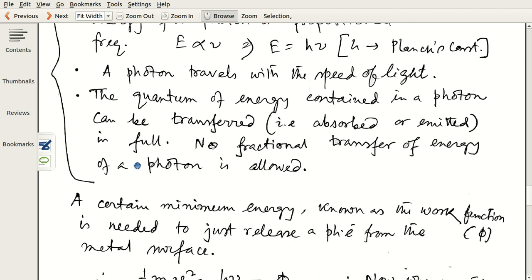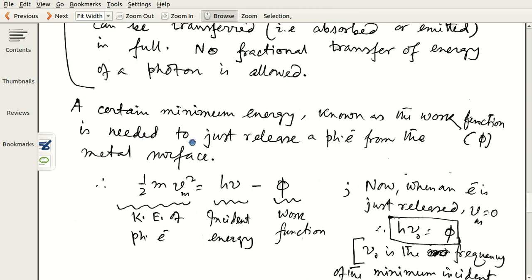That means if a photon has E amount of energy, then no half E or 1.3 E or 0.12 E or 1 by root 2 E is allowed. Whether it will be absorbed as E or not absorbed, whether it will be emitted as the total energy E, or not emitted.